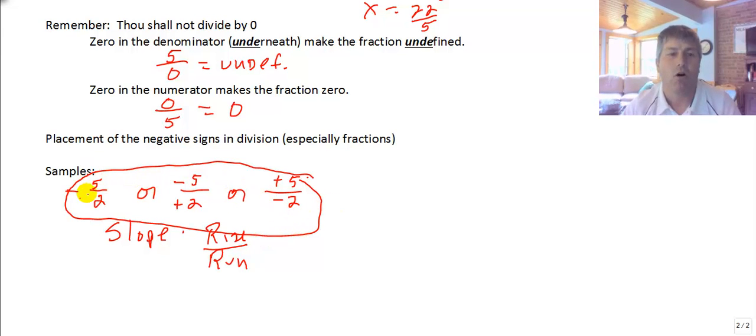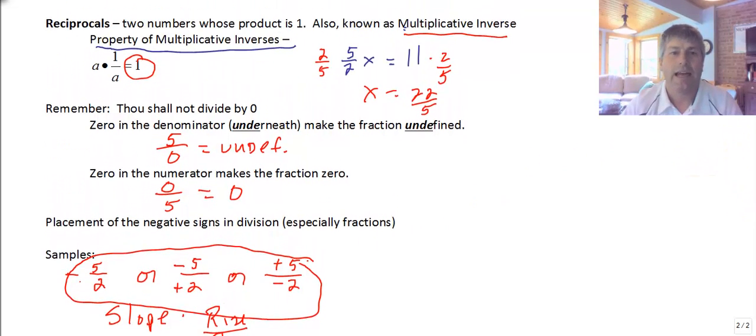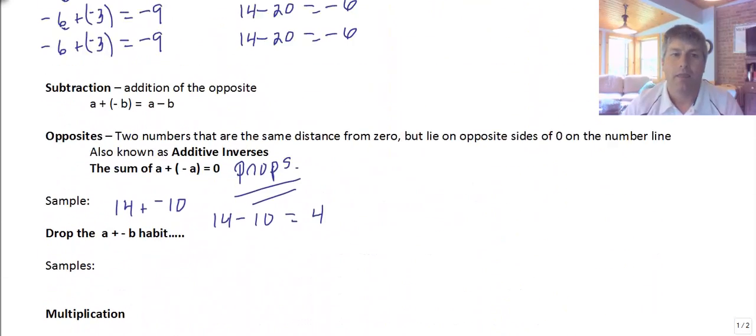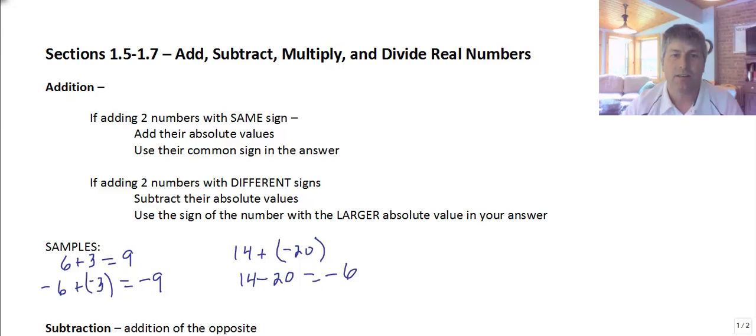Okay, so a little review on placement of negative signs in fractions. So that should arm you pretty well for this whole series of sections on adding, subtracting, multiplying and dividing real numbers. If you have additional questions, we can cover those when I see you in class.